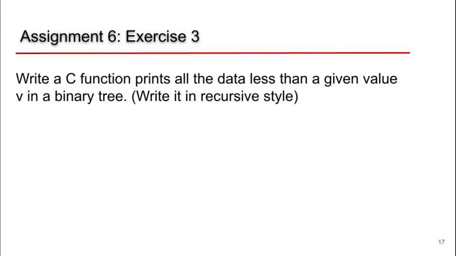The third one is for printing all values that are less than a certain value you pass to the function. Let's say in this tree you pass a value of 25. It will print 20 and 11 only. If you pass, let's say, 50, it will print 41, 20, 11, 29, and 32.